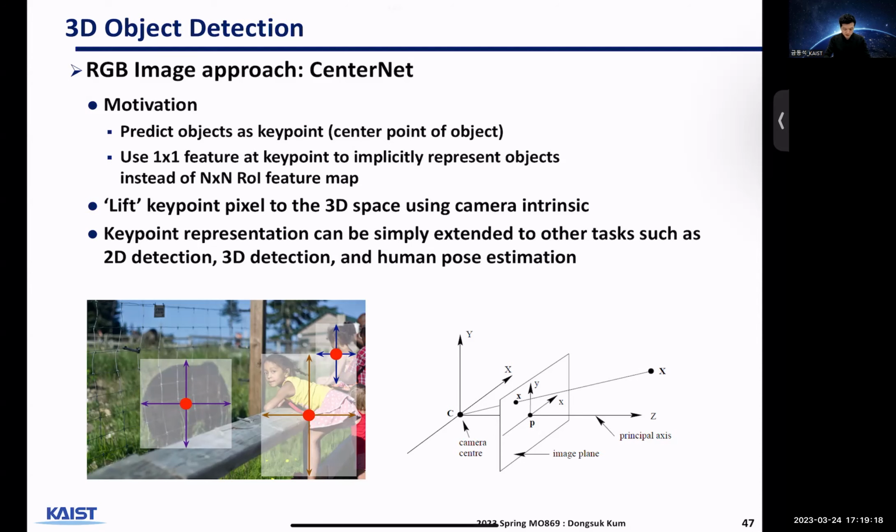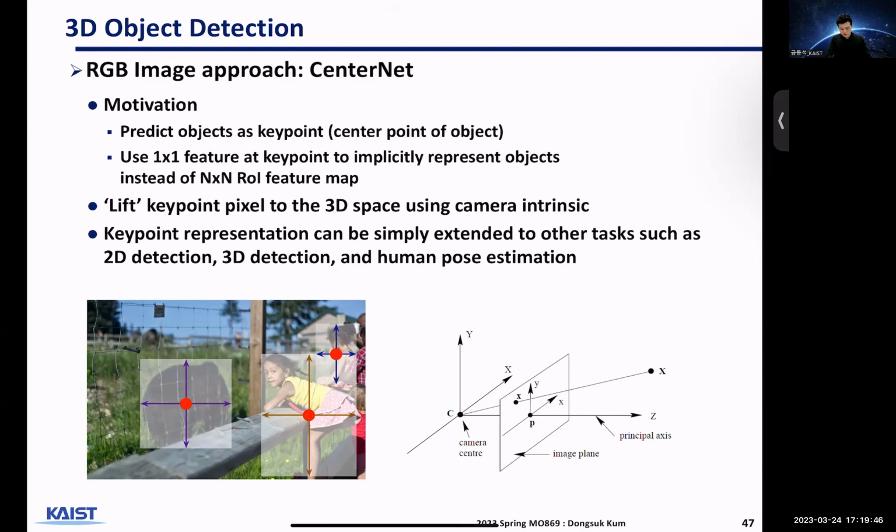It uses a one-by-one feature at the key point to implicitly represent objects instead of an n-by-n ROI feature map. It lifts the key point pixel to 3D space using the camera intrinsics. The key point representation can be simply extended to other tasks, such as 2D detection, 3D detection, and human pose estimation.